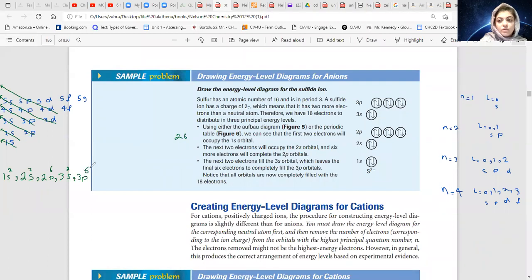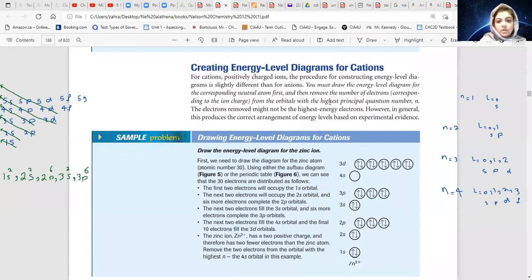This was 4, now 2 electrons are given because the charge is 2 negative. Then I just put that there, right? So it's 1s, 2s, 2p, 3s, 3p, which is filled. Now just put that in an energy level like this. And you want to fill this, you fill it according to the rule here, but if you want to take it out, you have to take it out from the outermost ones. So we'll have that example.